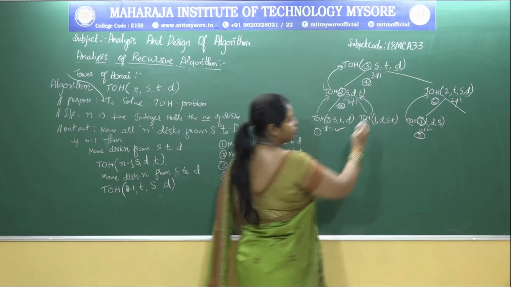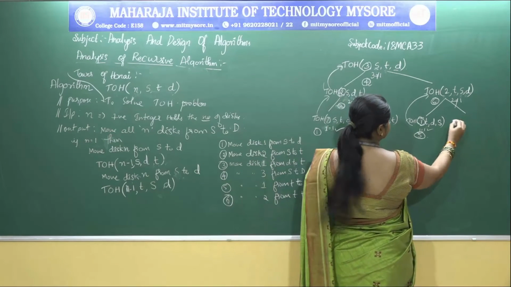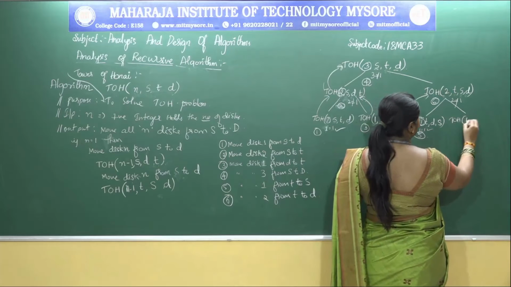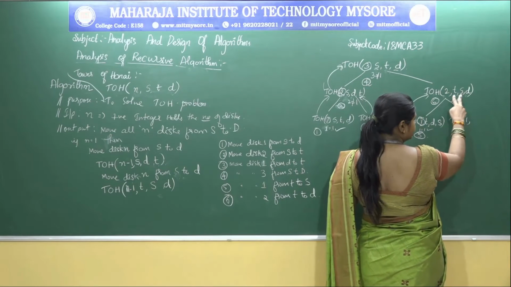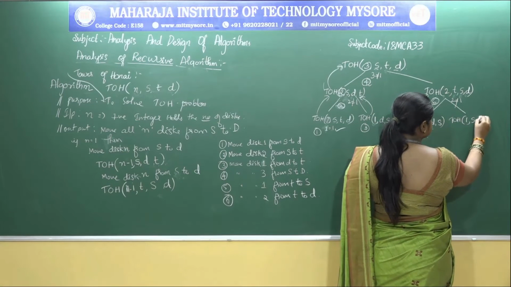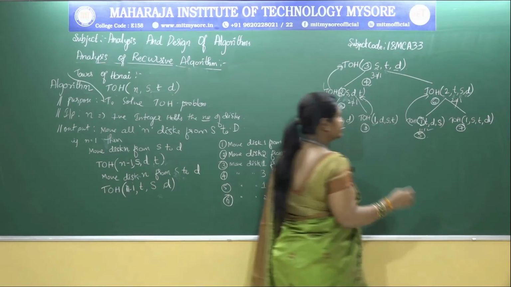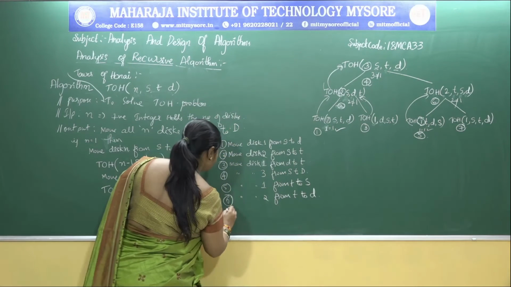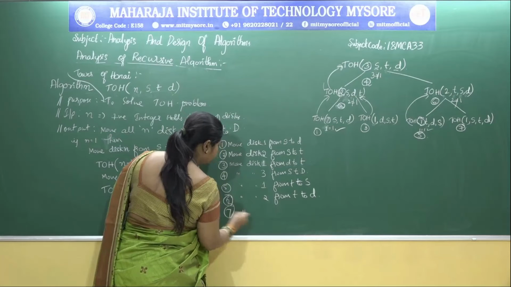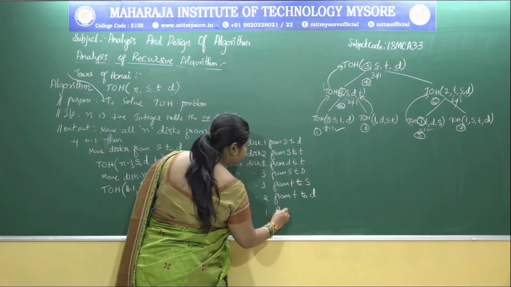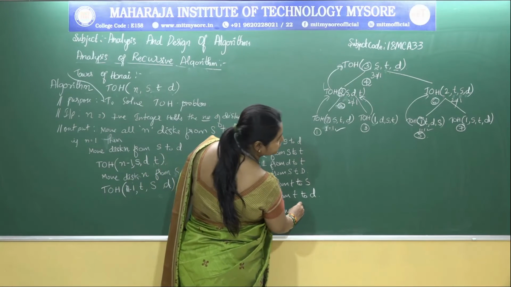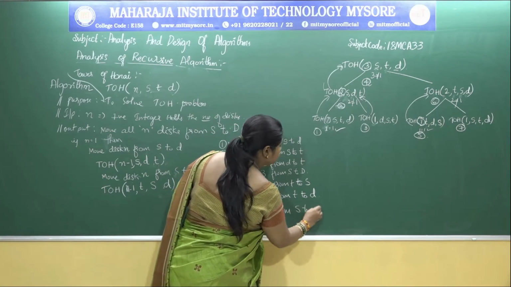Next, write call is remaining. Write call is what? TOH of 1, comma. Now, these two get interchanged. Yes, T, D. That is the seventh move. This number is what? 1. So, seventh move is move disk 1 from source to destination.